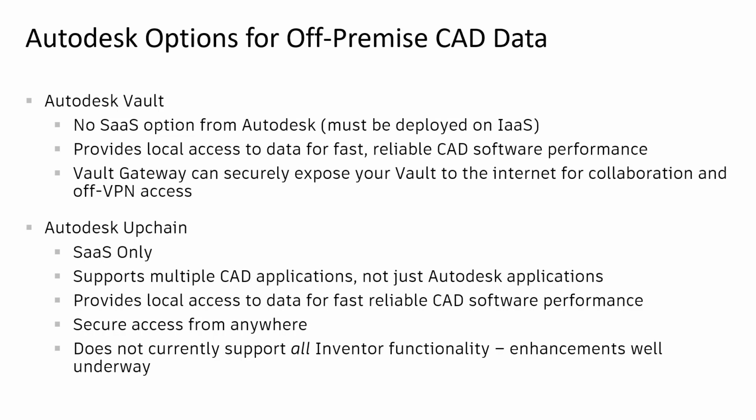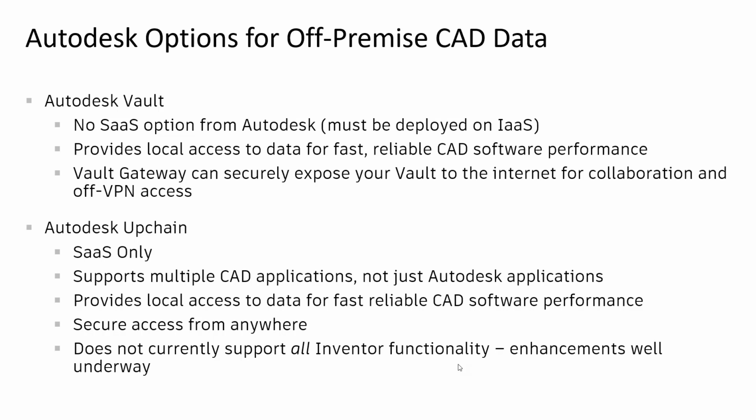Now, I think we have a lot of attendees today that might already use something like Autodesk Vault, a lot of Inventor users. As of today, Upchain doesn't currently support every last bit of Inventor functionality. So things like iParts or iAssemblies are a good example of that. Not everybody uses those, but Upchain as of today doesn't support adding files to the system that use that functionality.